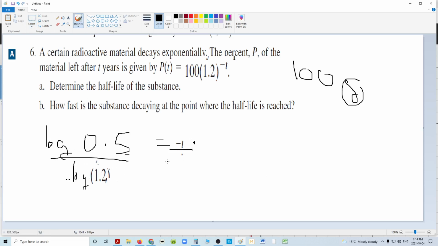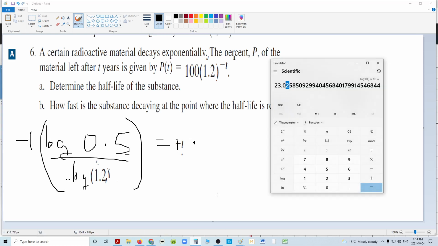One other thing I have to do is divide by minus 1. So that means positive t is going to be minus 1 times whatever this is. Okay, that means I need to take log of 0.5 and divide it by log of 1.2 and click equals and change the sign. 3.810 years.